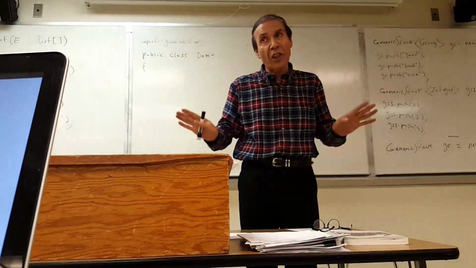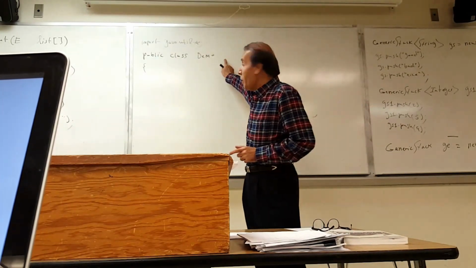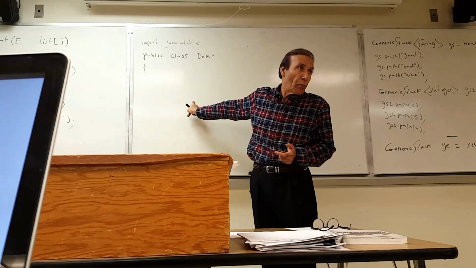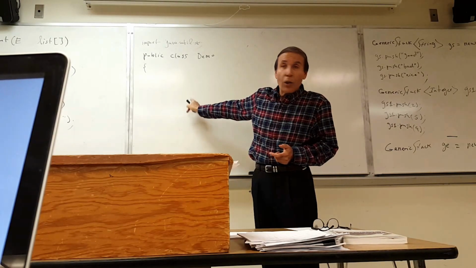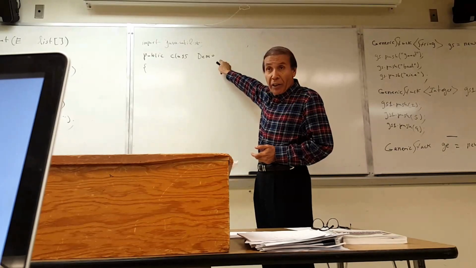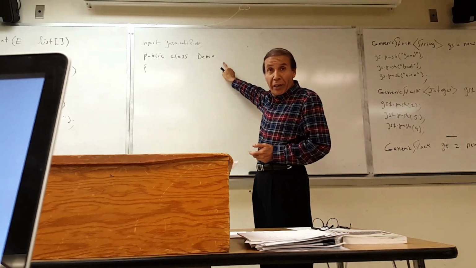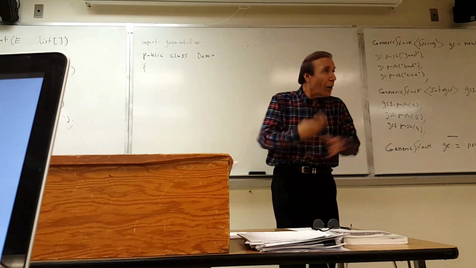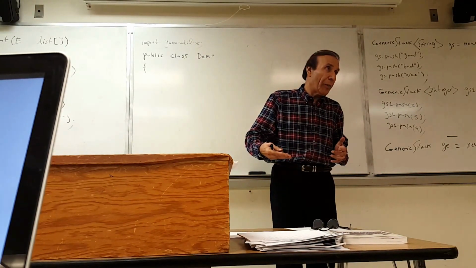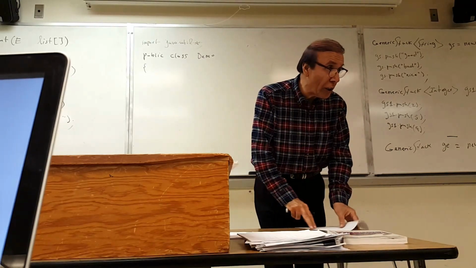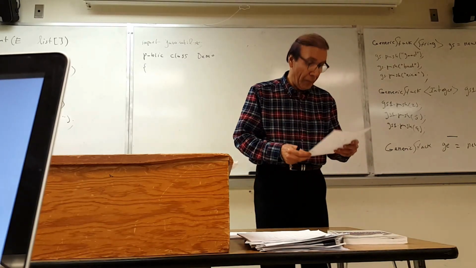There is no relationship between them. You could have a generic class, non-generic method. You could have a non-generic class, but generic method. And also you could have a generic class, generic method. All combinations are allowed. Following? Okay. So this is an example of a non-generic class, okay?